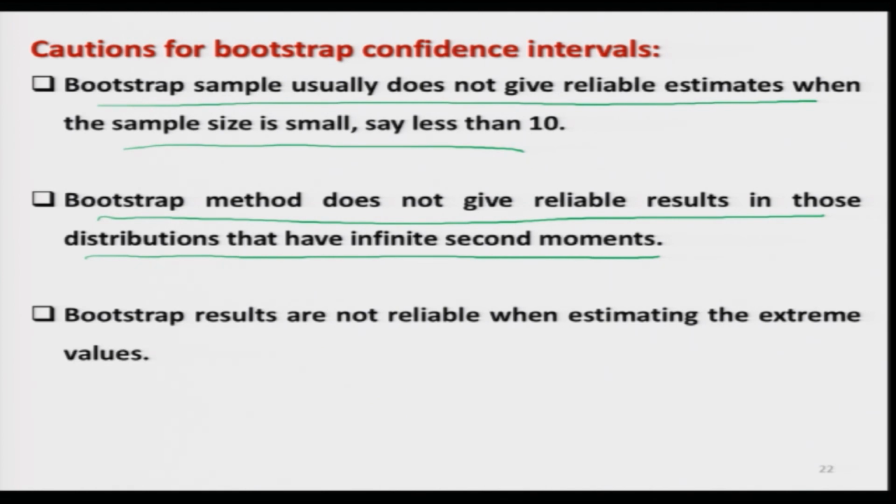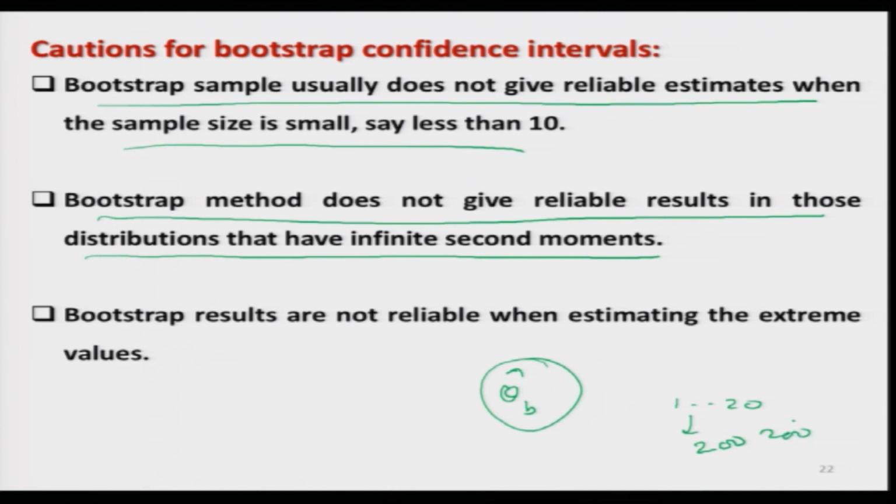And when you see that the sample values have some extreme values, meaning you try to estimate theta hat star b, and from the histogram you see that some of the values are quite far away from the usual values. For example, all the values are between say 1 and 20, and suddenly there is some value which is 200 or 2000 or something like this.